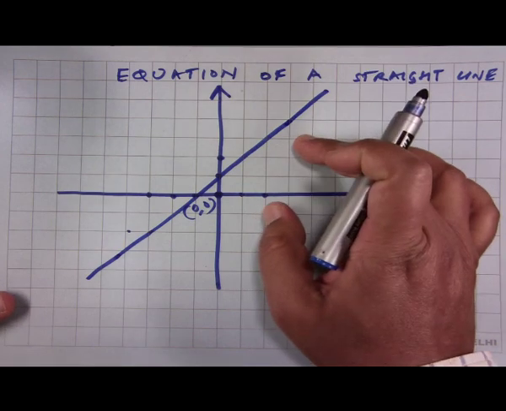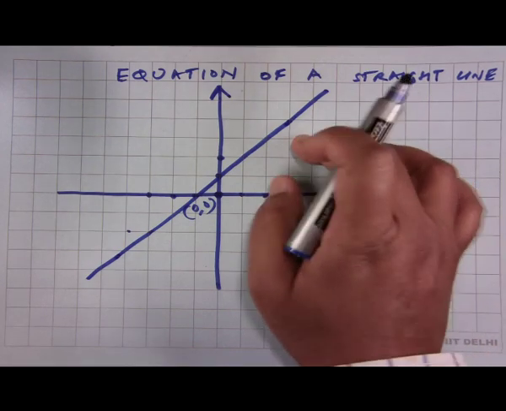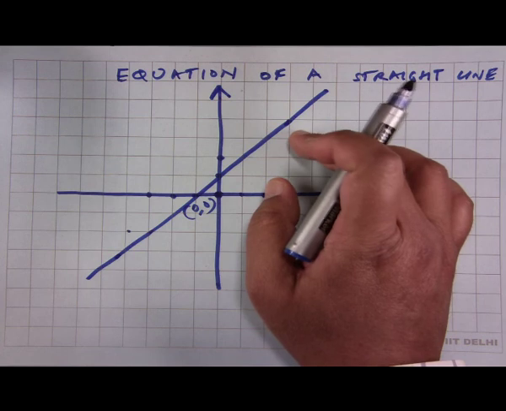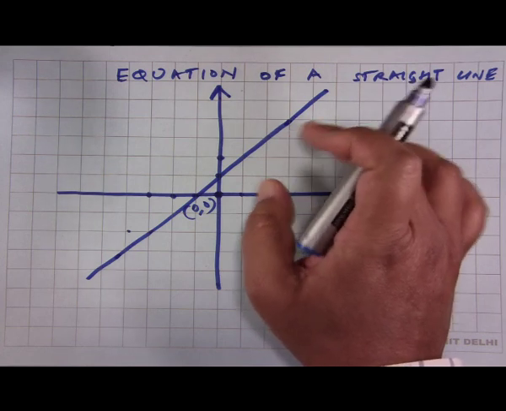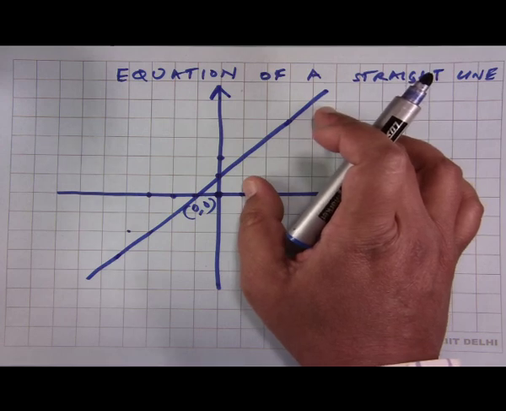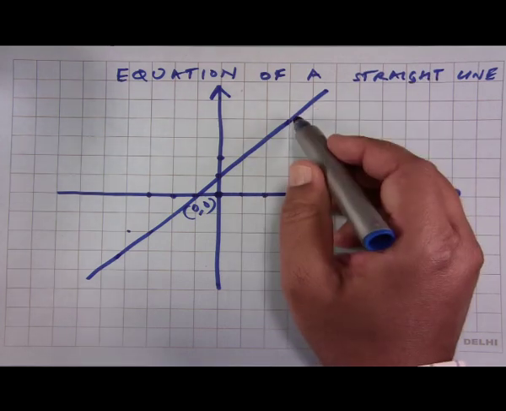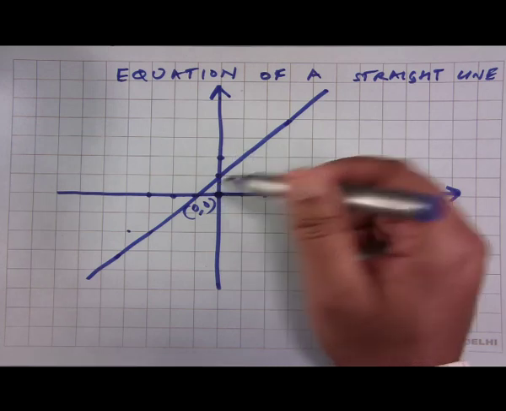So, how did we formally define this straight line? A straight line is nothing but the collection of all the points that lie on this straight line.